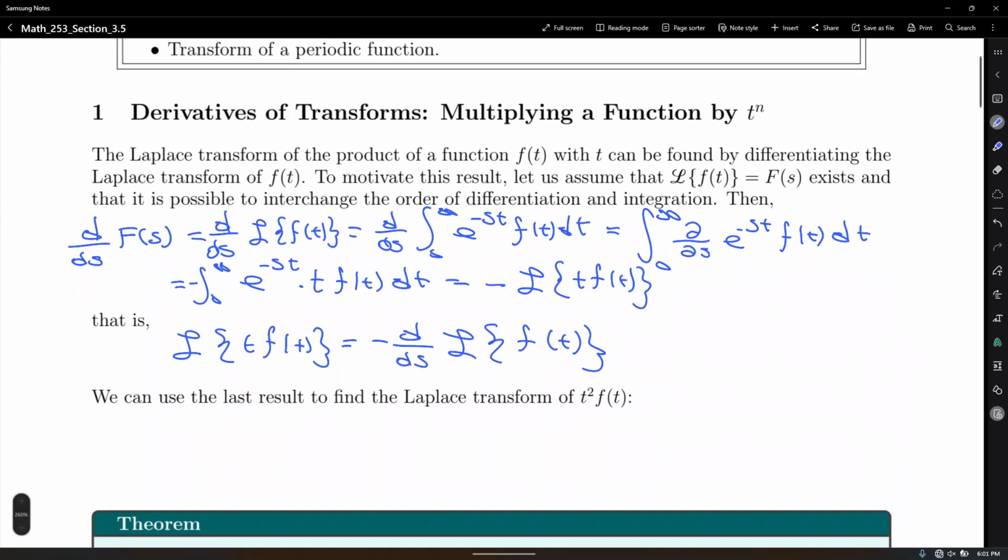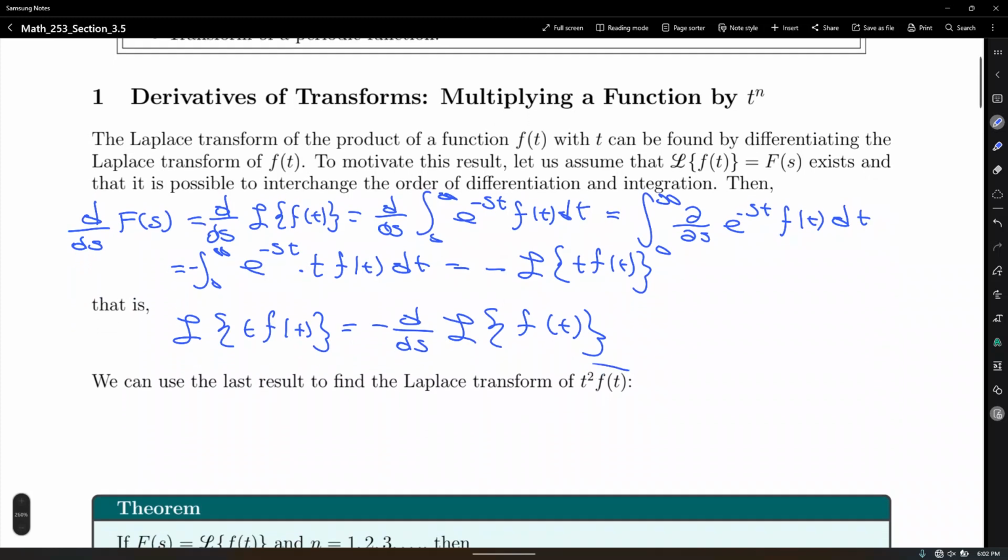Now, we can use the same idea to find the Laplace transform of a function multiplied by a second power of t, that is, the Laplace transform of t squared f of t. This would be essentially the Laplace transform of t times t f of t. But didn't we already find the Laplace transform for one power?